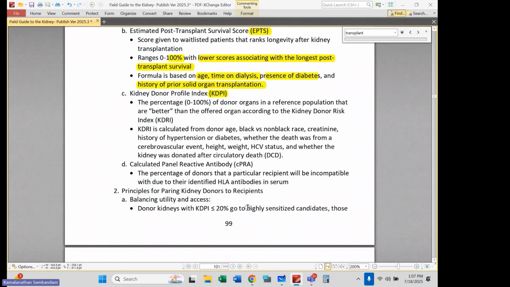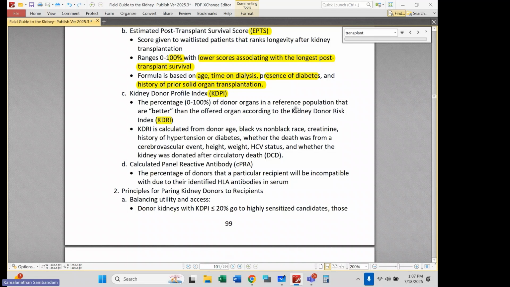Now on the kidney side, this is the recipient side, EPTS score. On the kidney side, you have the KDPI, which is based on a KDRI. They're basically the same.